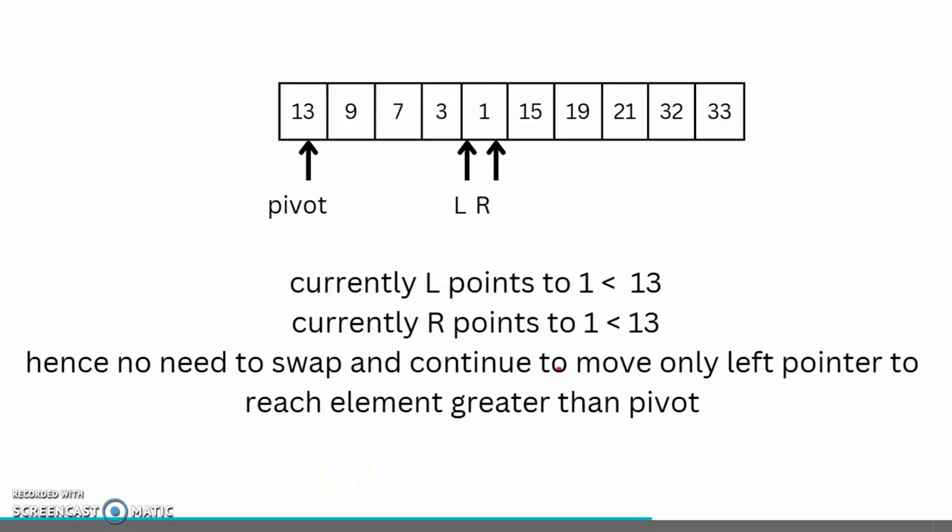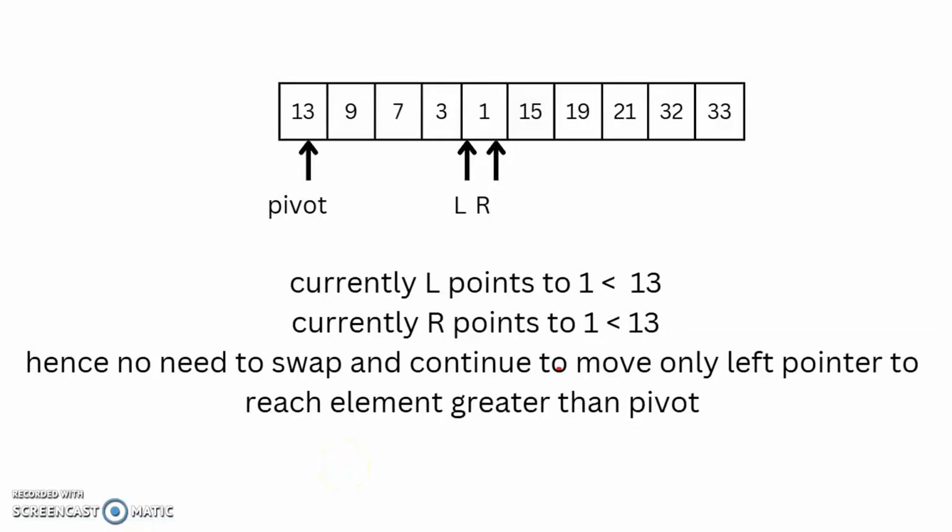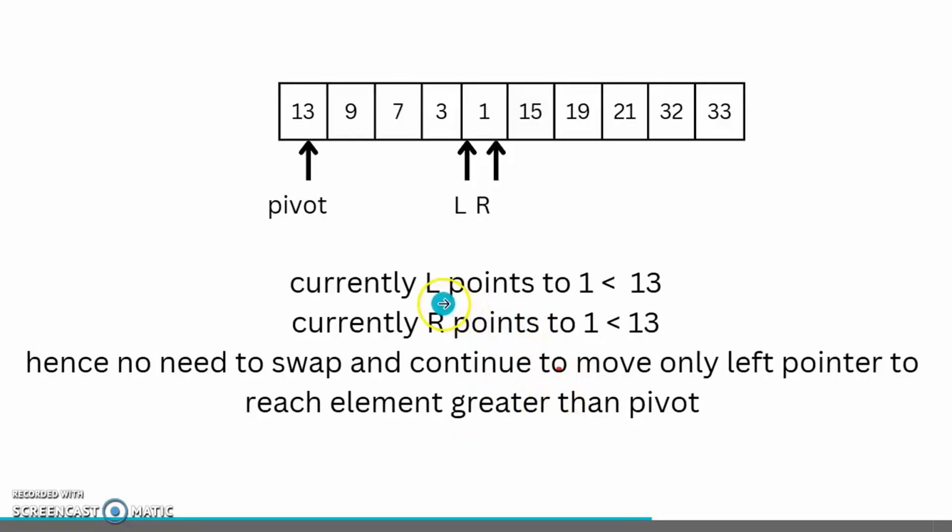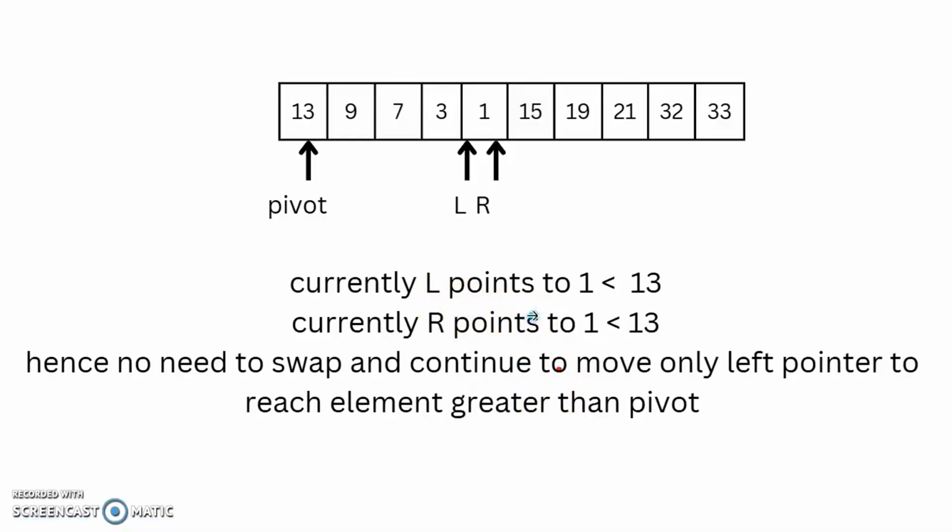After moving the left pointer one step, now we can see that the left pointer L points to 1, which is lesser than pivot value 13, and the right pointer R also points to 1, which is lesser than 13. So no need to swap, and continue to move only the left pointer one step to reach the element which is greater than pivot.